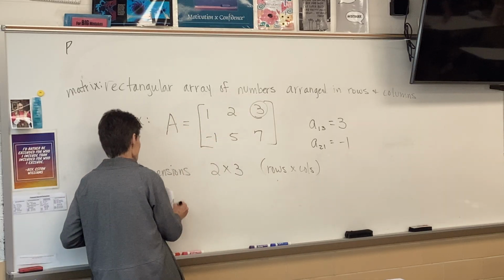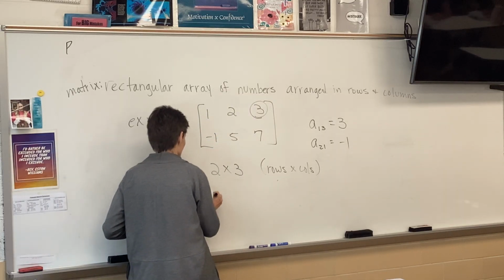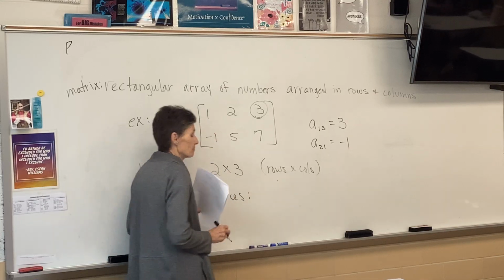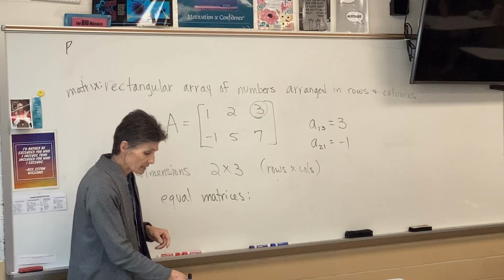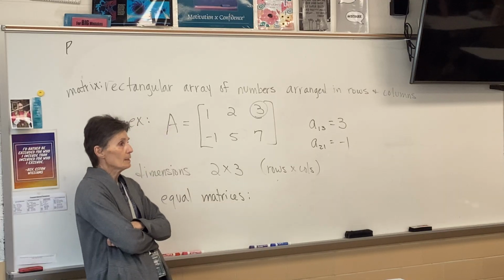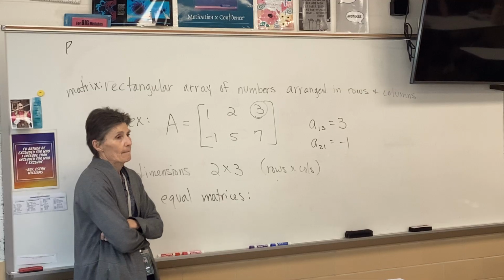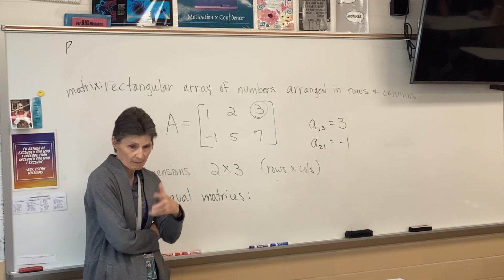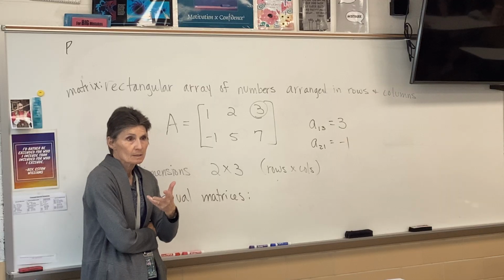Equal matrices. Anybody want to take a wild guess? What do we mean by equal matrices? Two matrices that are the same. Okay, so what does that mean? Same numbers inside.